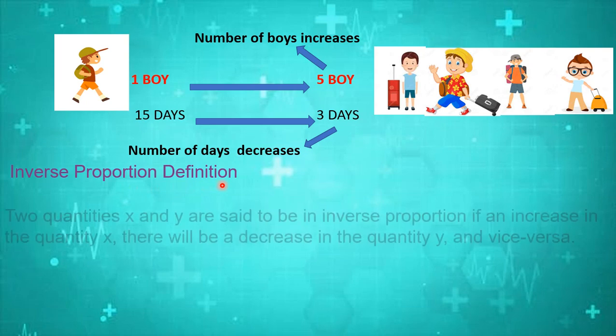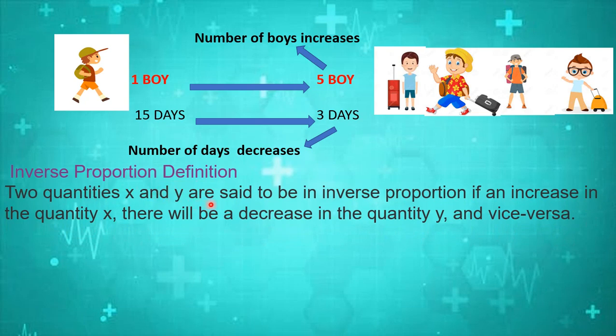So inverse proportion says that two quantities x and y are said to be in inverse proportion if an increase in the quantity x causes a decrease in the quantity y, and if there is a decrease in quantity x, then there will be an increase in the quantity y.